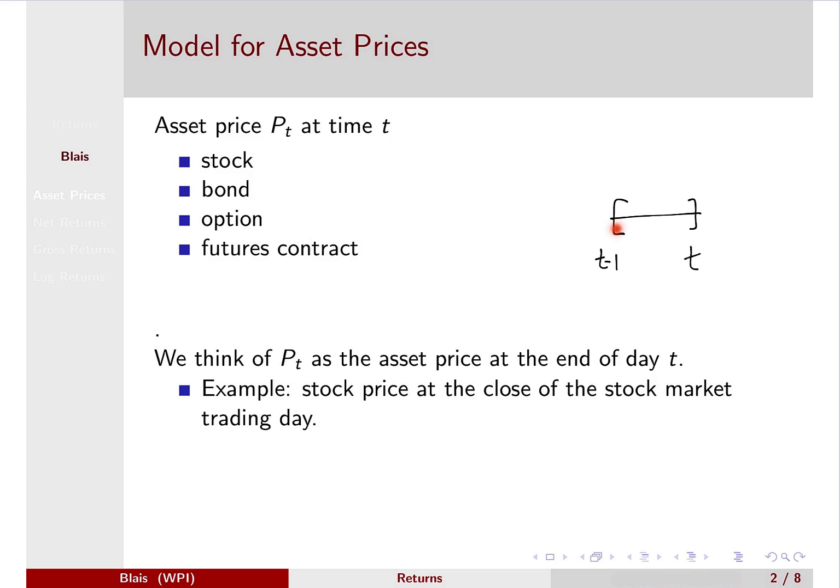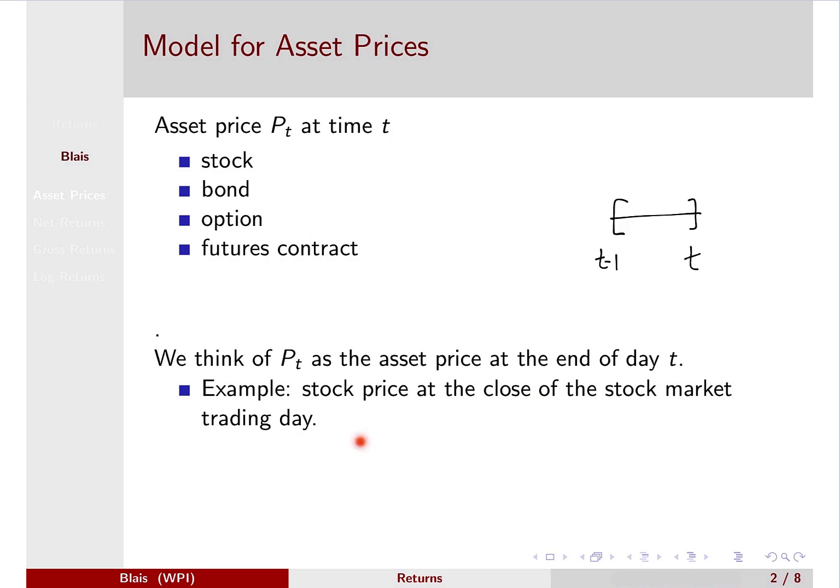So think of it like you start the ownership of your asset at the very end of the previous day. So think of it as like right after midnight up until midnight on day t. This works with any time scale, but it's going to be most intuitive to think of it daily.